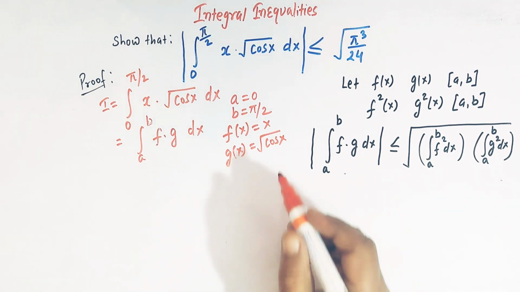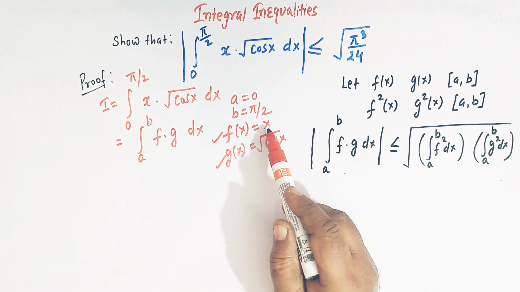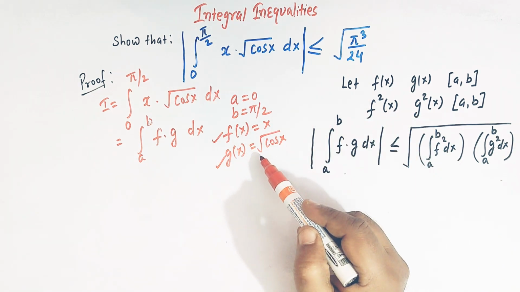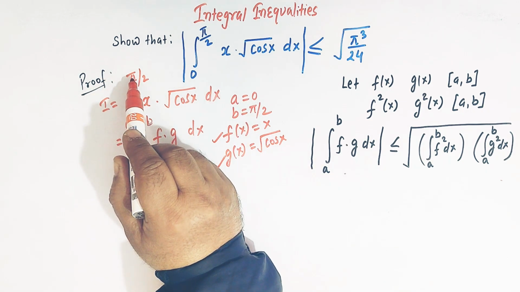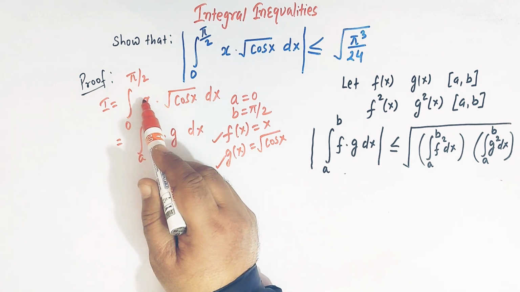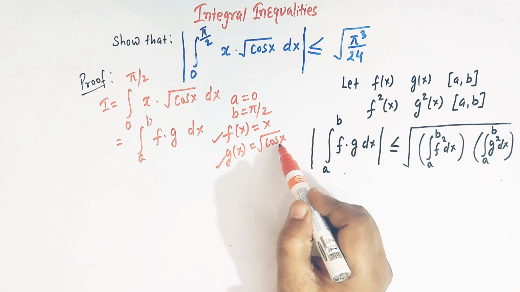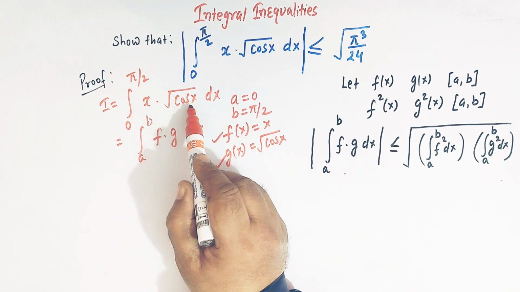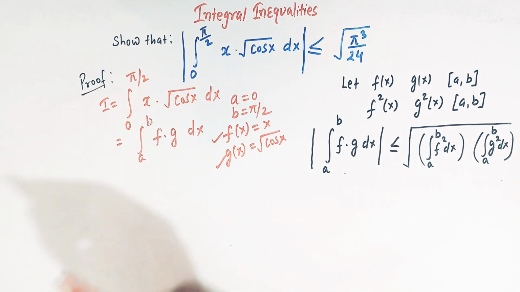Now we can easily see that both these functions are integrable, and their squares are also integrable in the interval 0 to pi by 2. Moreover, x is positive in the interval 0 to pi by 2, and similar is the case with the cosine function, because cosine is also positive in the first quadrant.